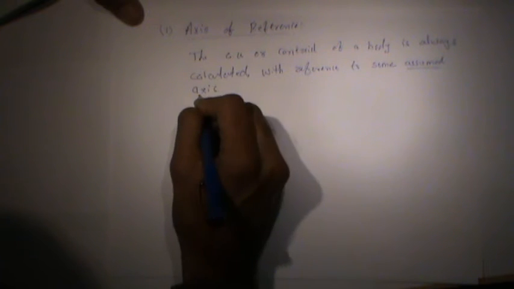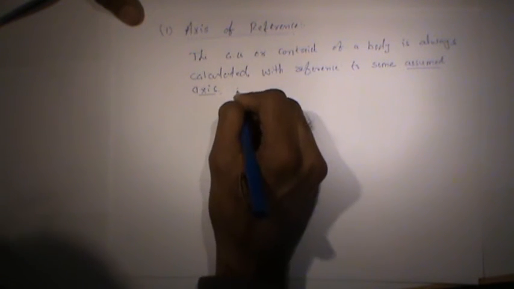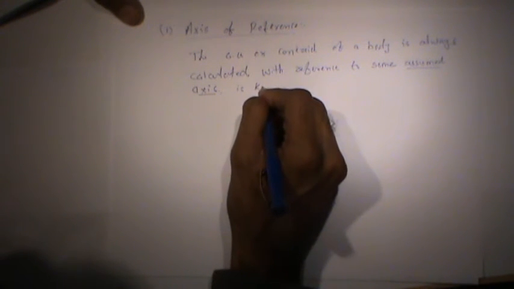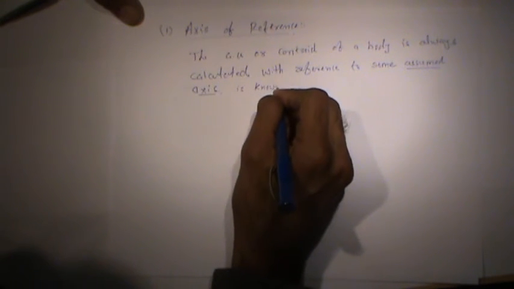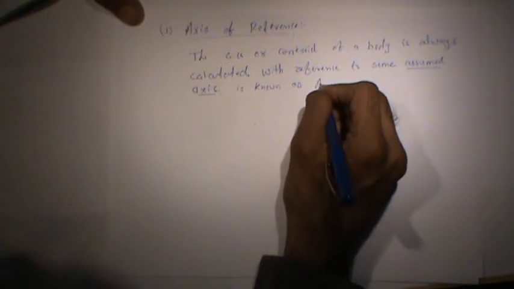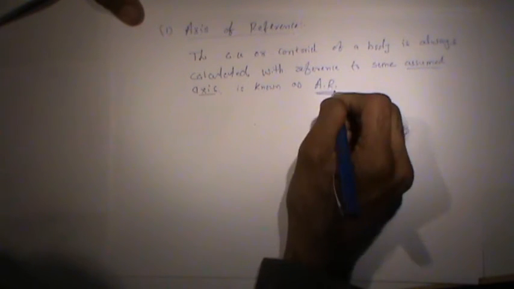This assumed axis is known as the axis of reference.